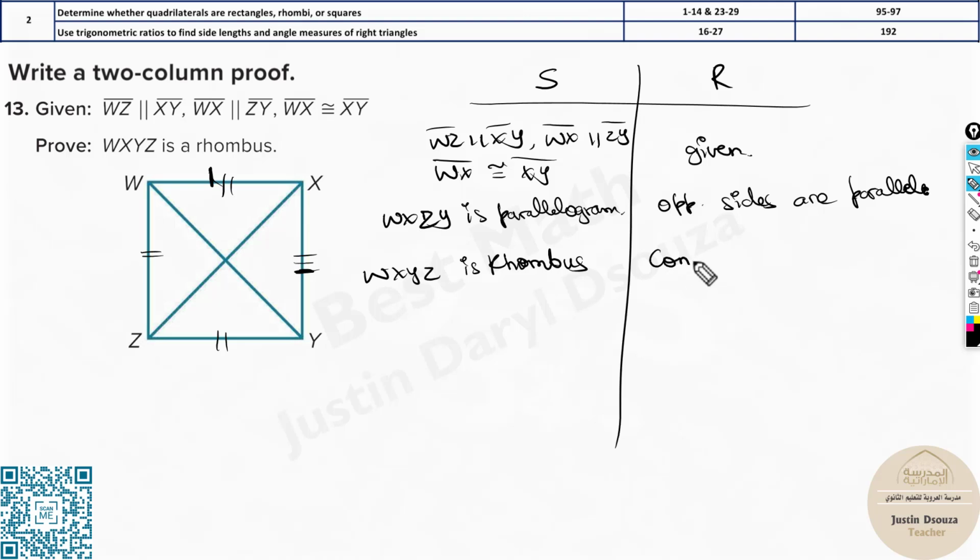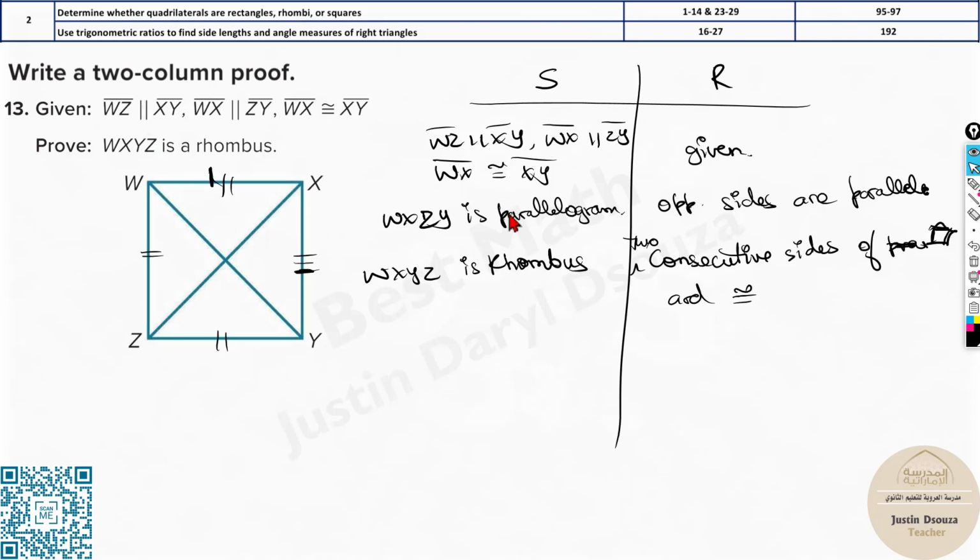Because two consecutive sides of a parallelogram are congruent or equal to each other. So this is two consecutive sides of a parallelogram are congruent or equal to each other. So hence proven. That's it.